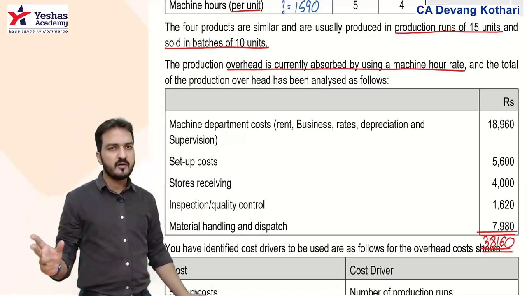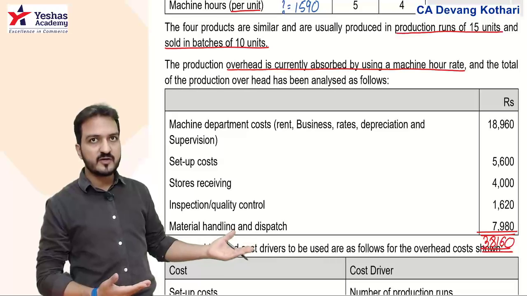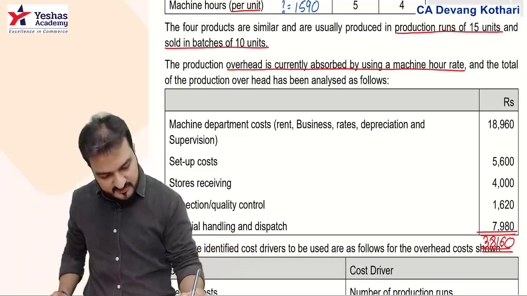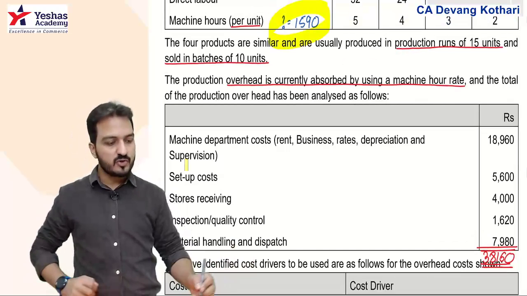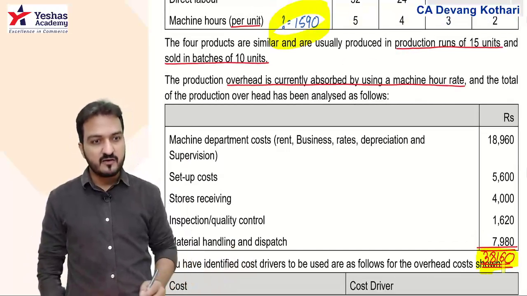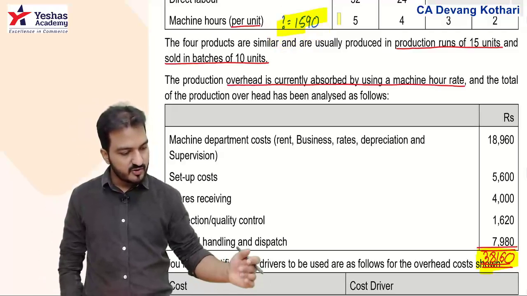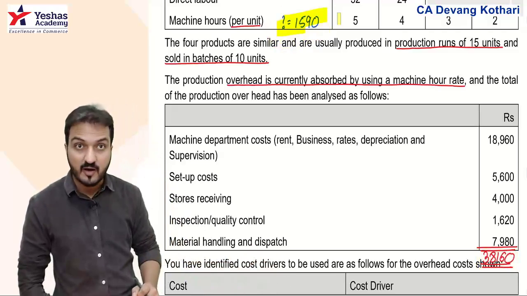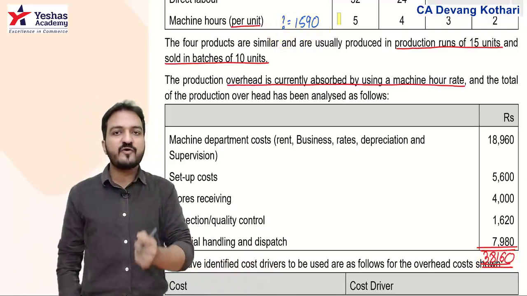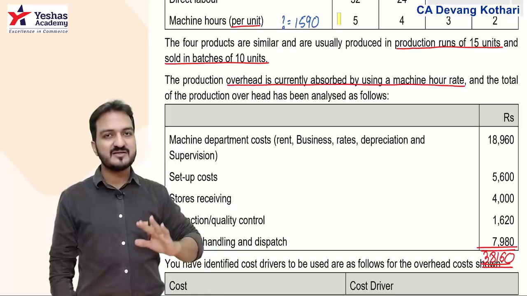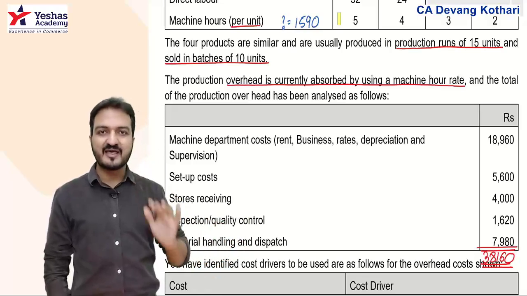So look, my traditional method is very clear now. 38,160 total overheads divided by total machine hours 1590 should give you a rate of 24 per machine hour. This 24 per machine hour is then used for adding overhead cost to product PQRS. Simple. Done? Yes, because this is almost like question 1.